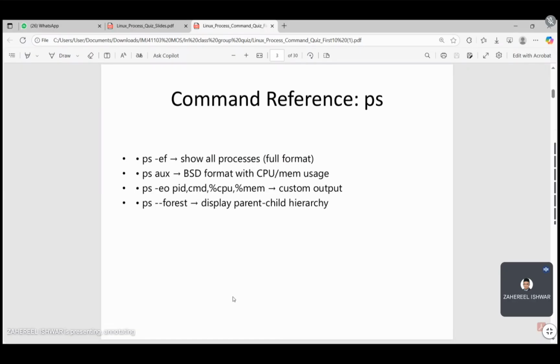All right, command reference. Why don't you guys try to issue this command? The first one, ps -ef. What do you guys see? What information is being shared? Anyone?